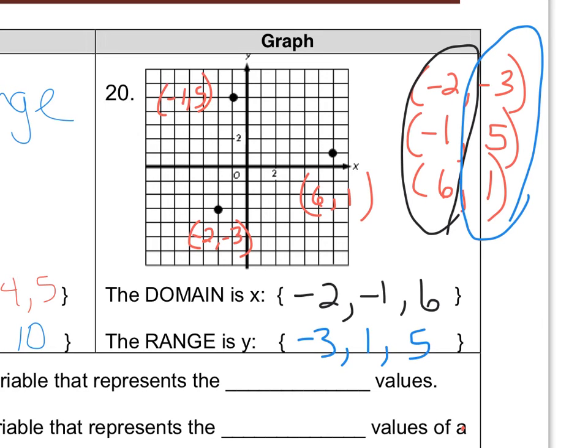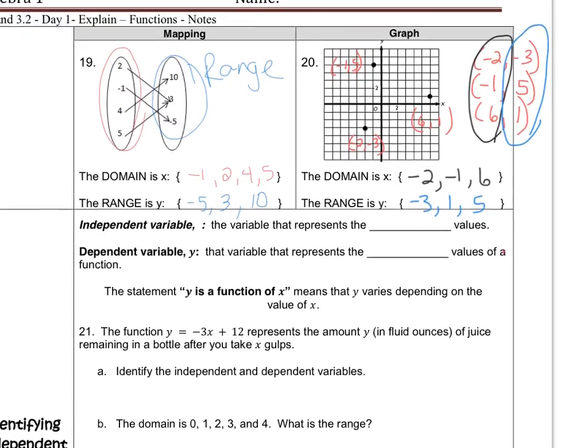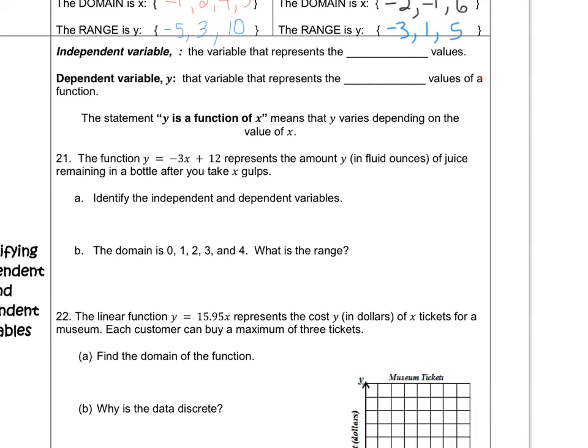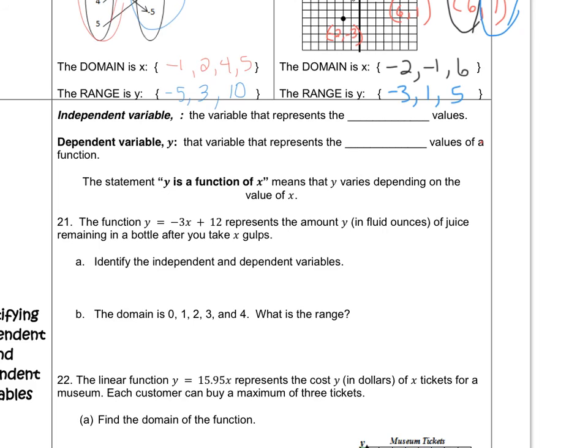The last thing that we're going to go over is a little bit more terminology that you're going to hear and see all the time in Algebra 1, and that's independent and dependent. So if we just go over the basics, independent represents our input values, or our x values.